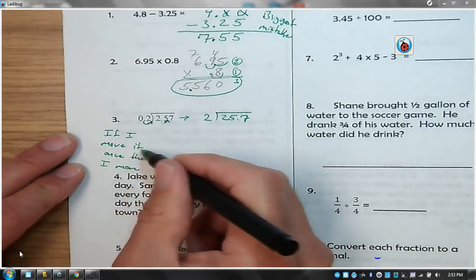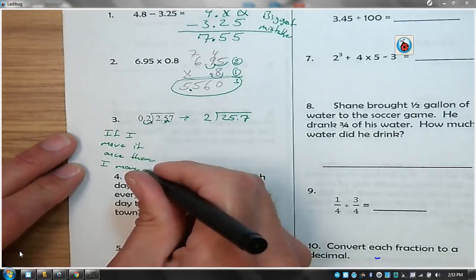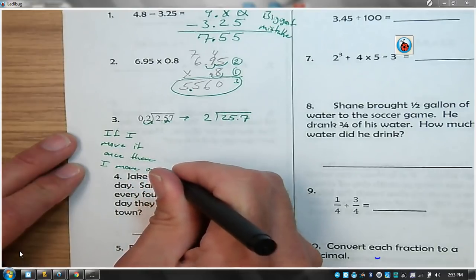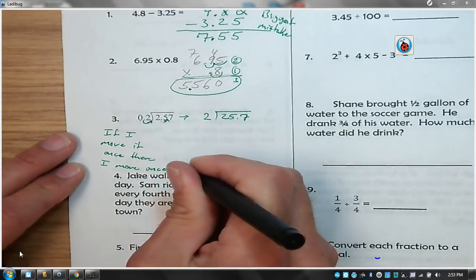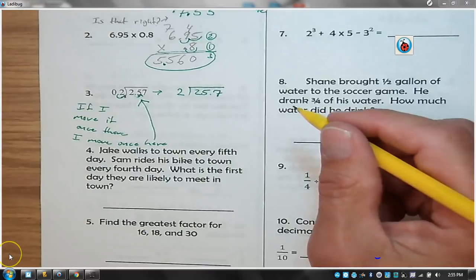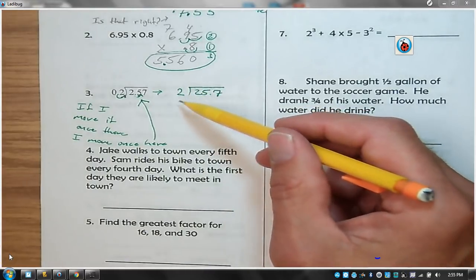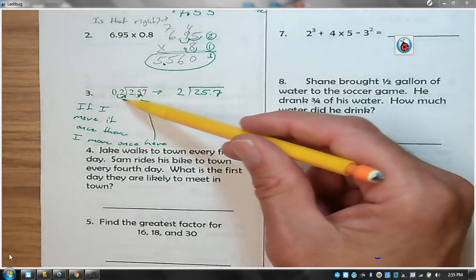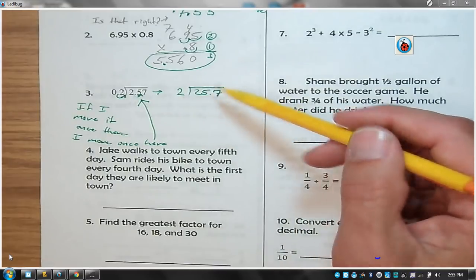There you go. Just like that. And now you're ready to go ahead and divide it. So if I move it here, I move it there, I'm left with this.